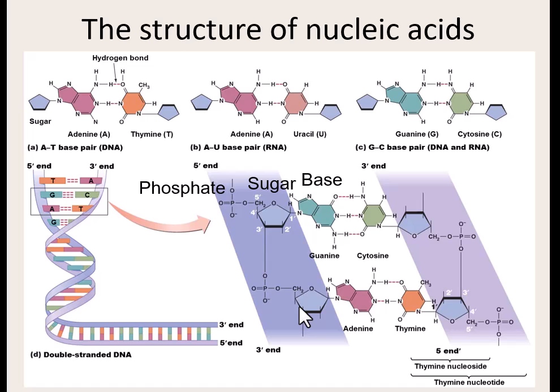It's in a helix shape, which means it's got that twist to it like the old telephone cords. It's made up of nucleotides, and there are 4 different nucleotides: the A's, T's, C's, and G's, your adenine, thymine, cytosine, and guanine.